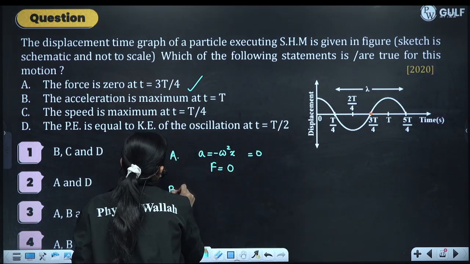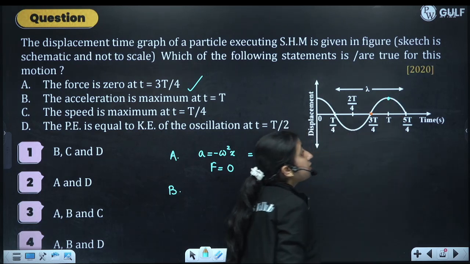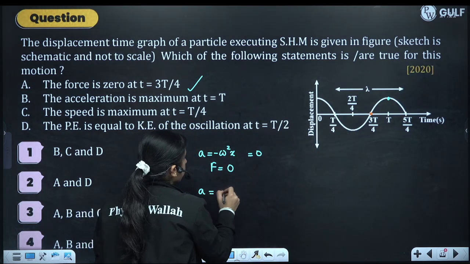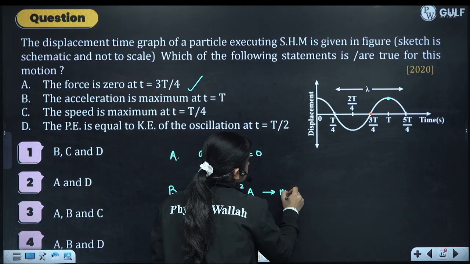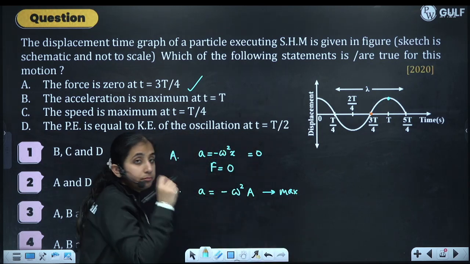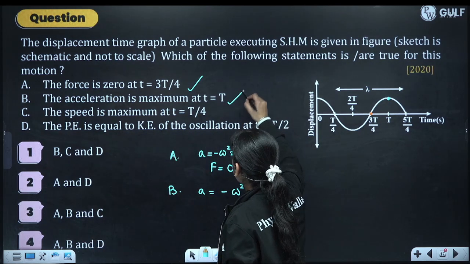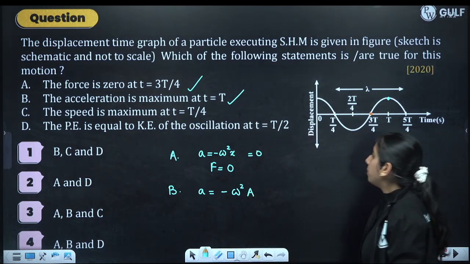The acceleration is maximum at t equal to T. At T the particle is at the positive extreme position, so acceleration will be minus omega square into A, which is maximum in magnitude. The second is also correct. Speed is maximum at T by 4.